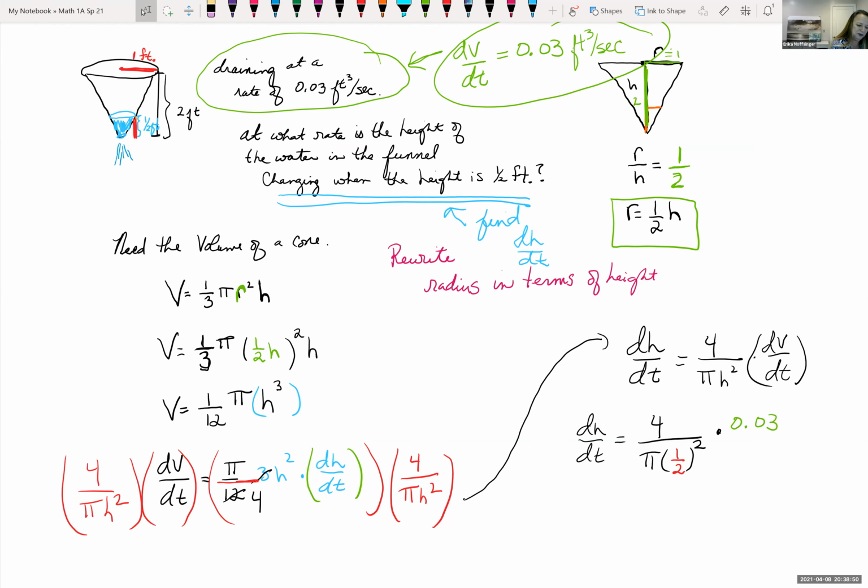So we just need to simplify this down, but you need a calculator. This height is changing, this height is shrinking. So I need to think about this too. It's draining. This should have been a negative in here. Negative.